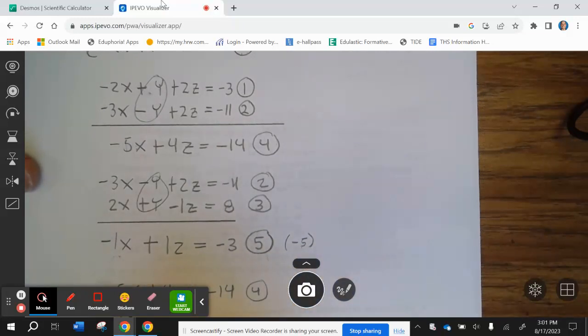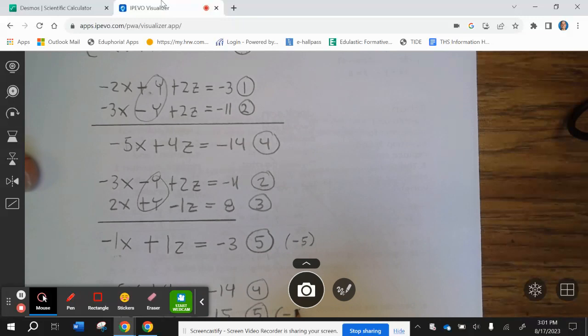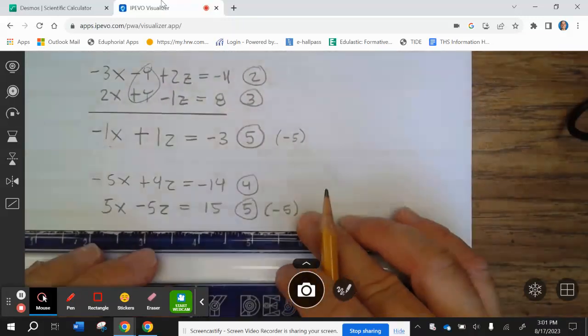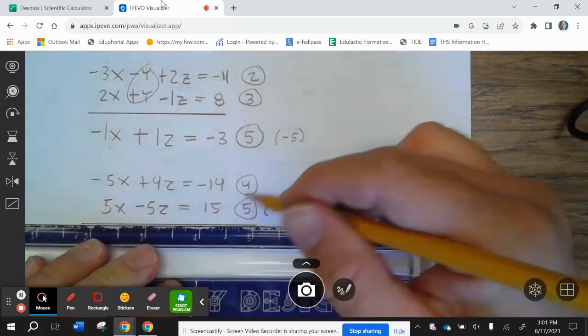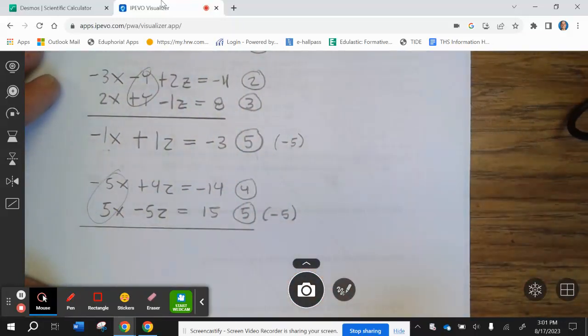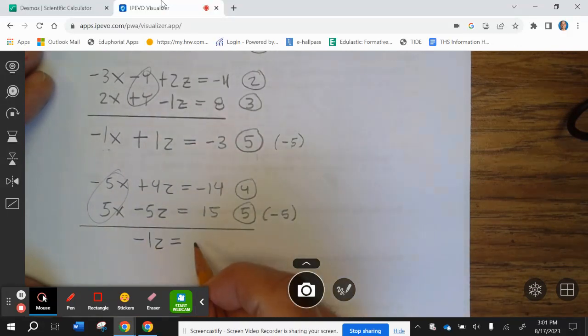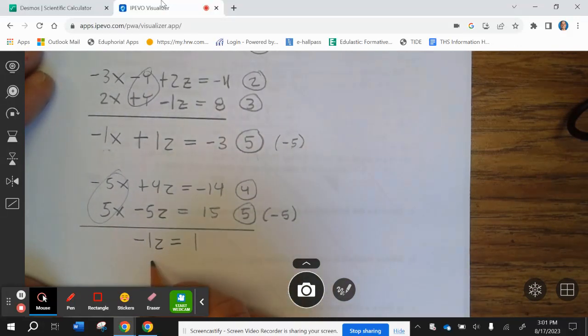That's 5x minus 5z equals a positive 15. This becomes 0. This becomes negative 1z equals positive 1. So z equals negative 1.